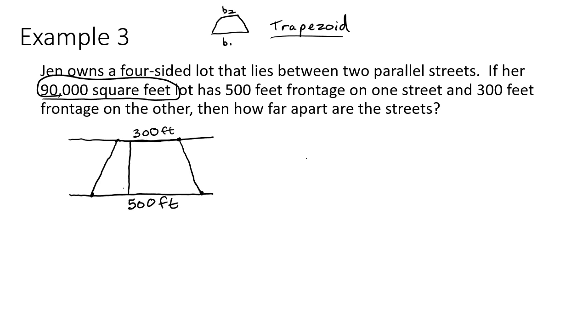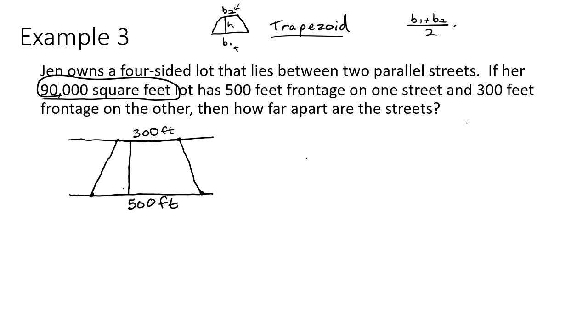The idea is that we find the average length of the bases. So you do base 1 plus base 2 divided by 2. You average the two, and then it becomes just area of a rectangle, where it's length times width, but in this case, we instead say base times height.